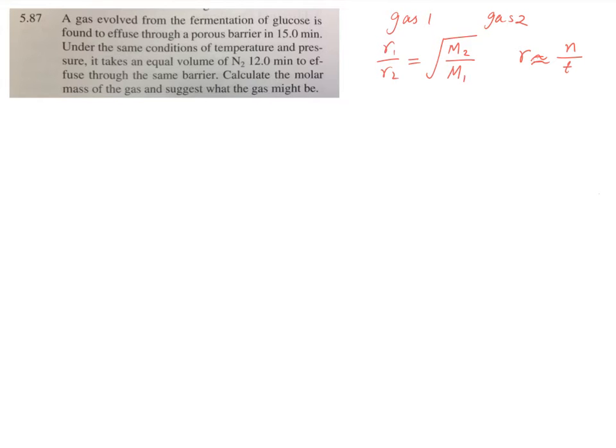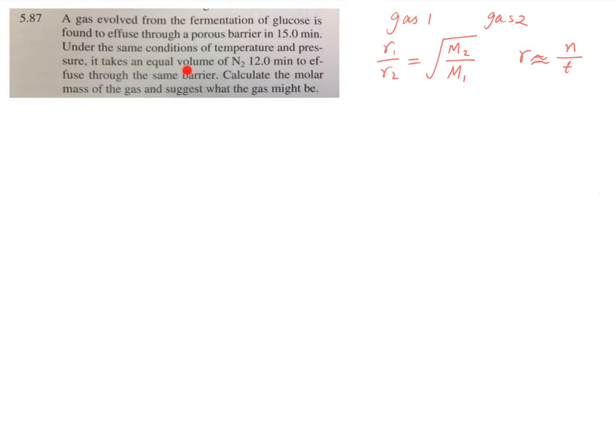So in this problem, a gas evolved from the fermentation of glucose is found to effuse through a porous barrier in 15 minutes. This is the time, 15 minutes, under the same condition of temperature and pressure.